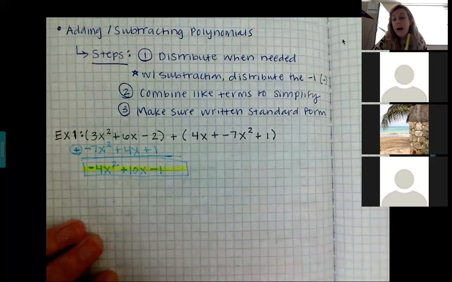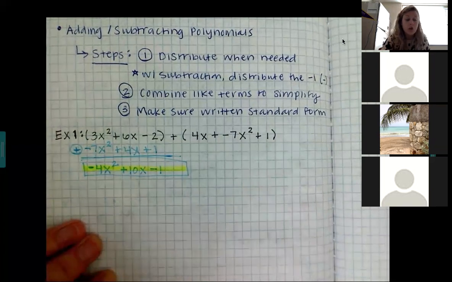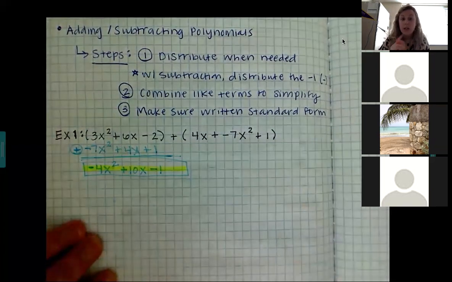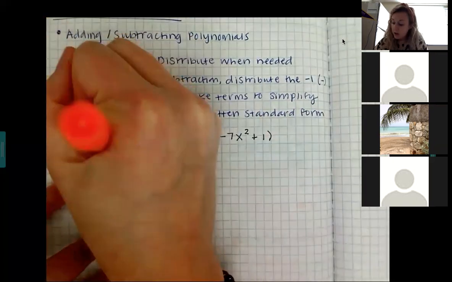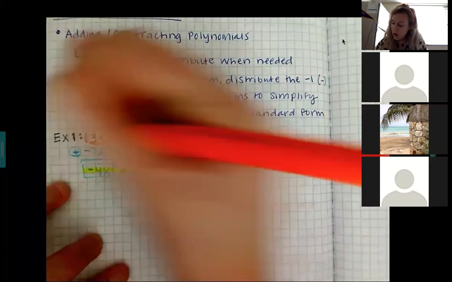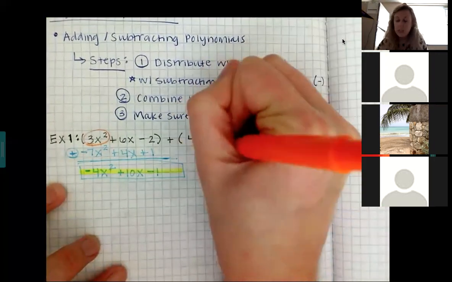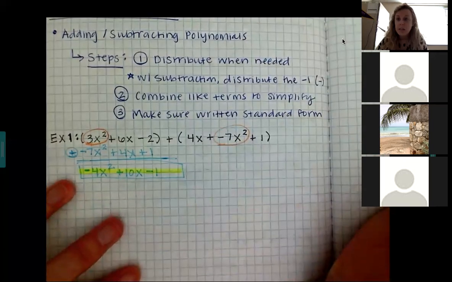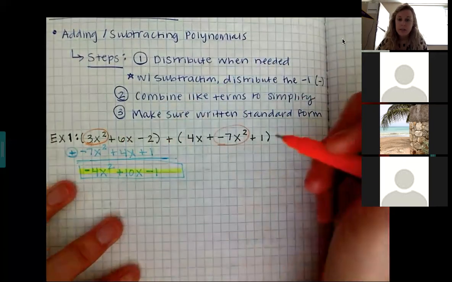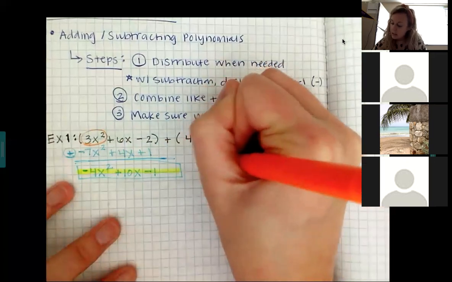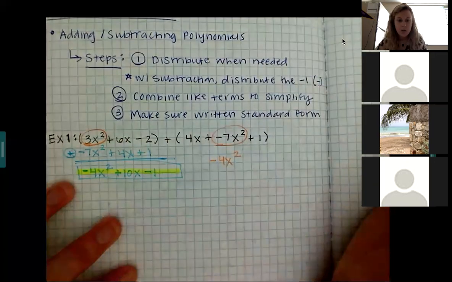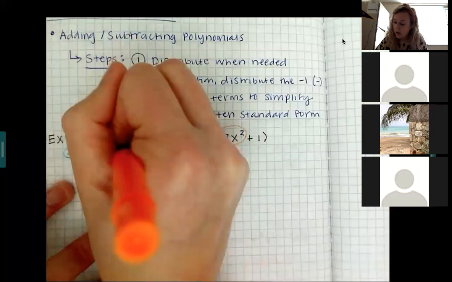Now, you do not have to add it vertically. So I'm going to show you the second way in orange. Second way you can do it, and this is a lot of times the way I'll do it, is I just kind of put different symbols around my like terms and add them up. So 3x squared plus negative 7x squared is still negative 4x squared. And I'm going to use an underline for the x's.